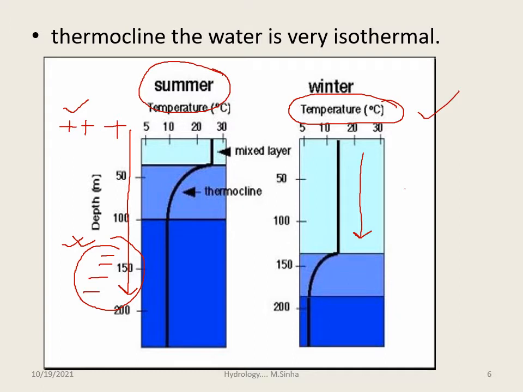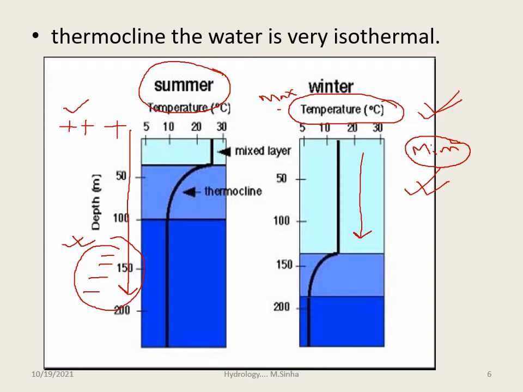So here the gap of the temperature of the topmost layer and bottom part of the ocean is minimum. Here it is maximum in summer, and in winter it is minimum. So in the winter, the temperature difference between the surface of the ocean and its lower part is minimum.